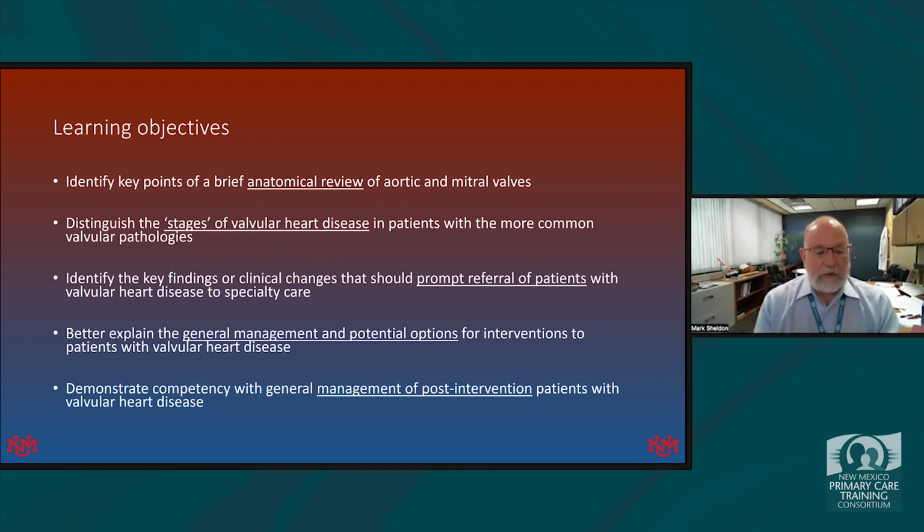I'd like you to be able to identify key findings or clinical changes that should prompt referral of those patients to someone in specialty care, as well as better explain the general management and potential options for treatment to the patient and patient's family. And then demonstrate a competency with general management of post-intervention patients with valvular heart disease.